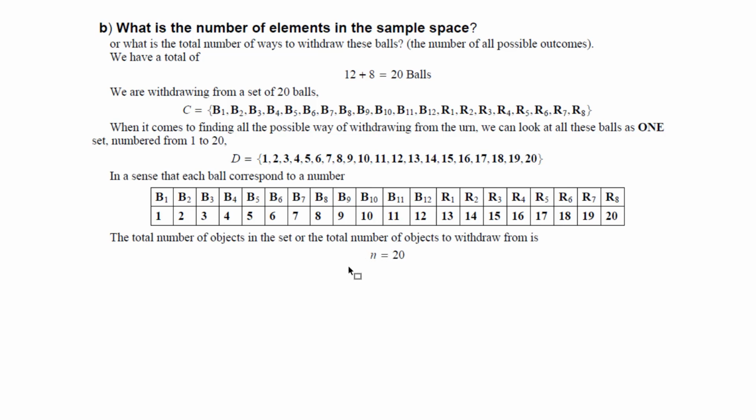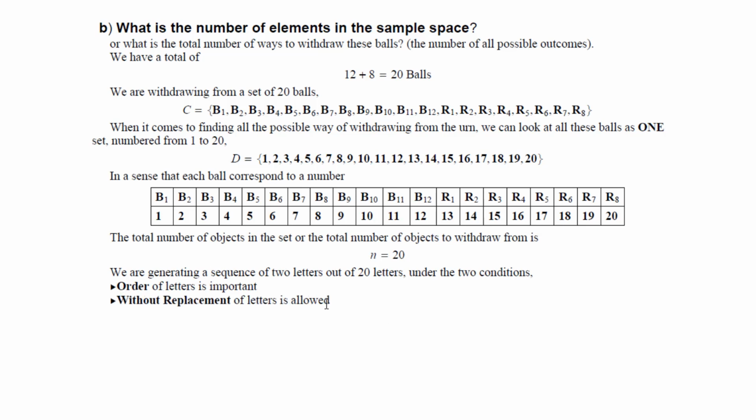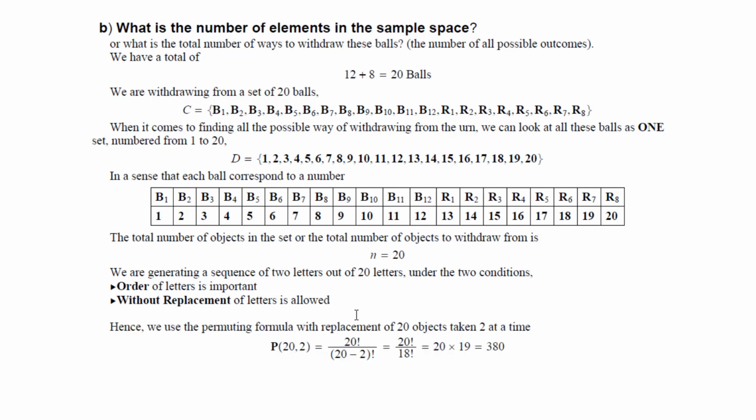So we have 20 objects, and we are generating a sequence of 2 objects out of the 20 objects we have under the 2 conditions, which are order and no replacement.